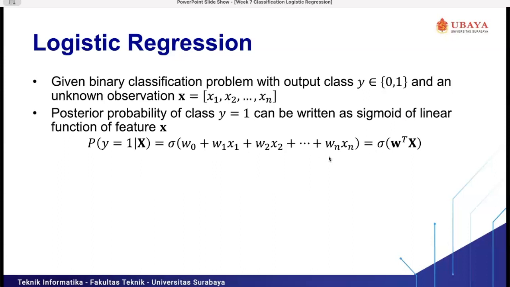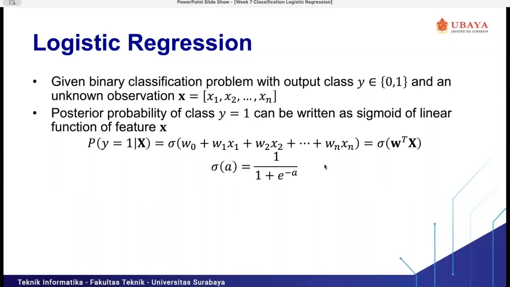And we can simplify W0 plus W1x1, W2x2 and so on to W transpose X. We put these values, W transpose X, into a sigmoid function. Okay, so this is the sigmoid function.